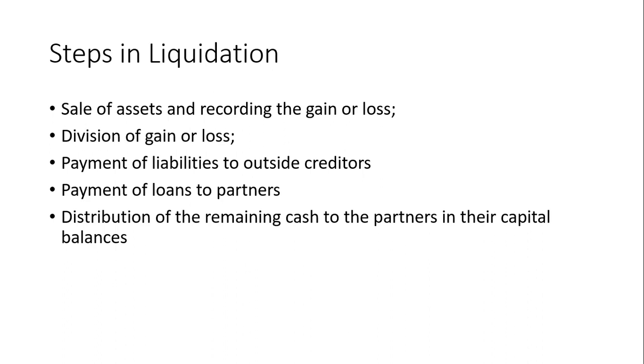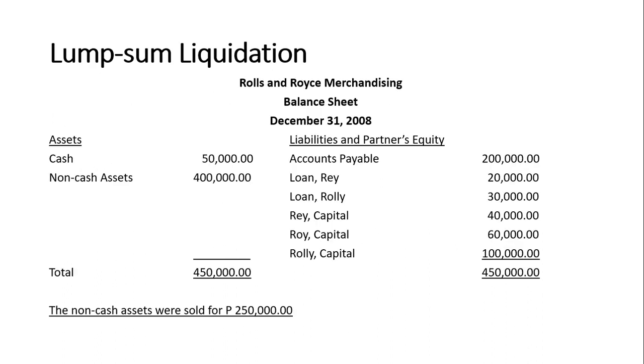This happens usually when a partner lends money to the partnership, so there is a payable from the side of the partnership to the partner. The last step is to distribute the remaining cash, if there's any, after you have settled all of your obligations. This is in accordance with their capital balances.